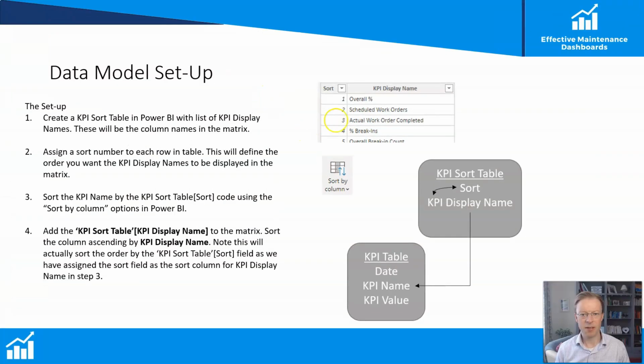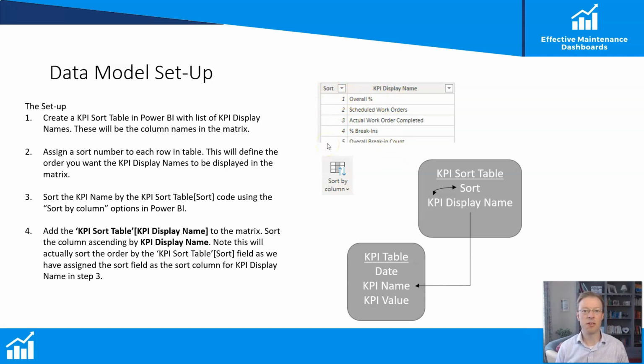So then we are going to sort this KPI name by the sort order. So whenever you add this KPI name into a visualization and you look to sort it, either ascending or descending, it'll ignore the actual values in here, so these O, S, A values here, and it will sort this display by this column here.